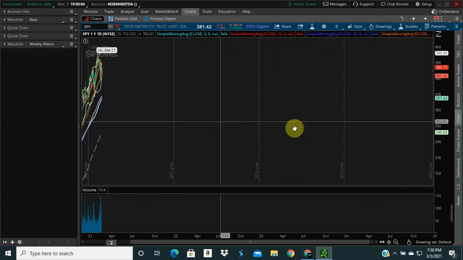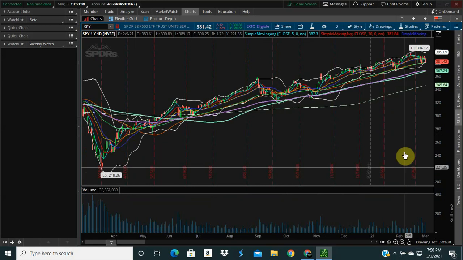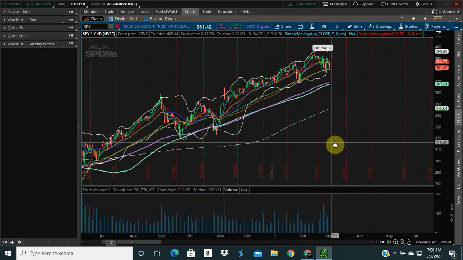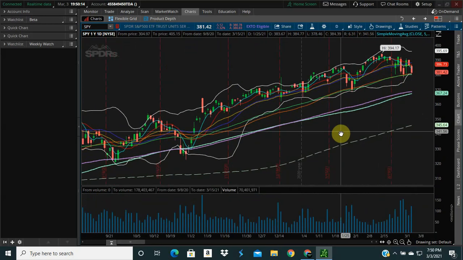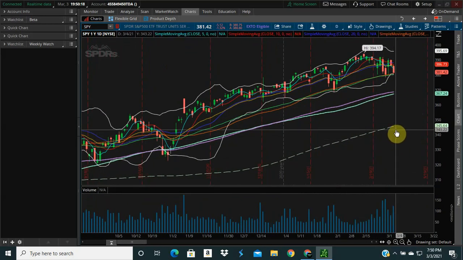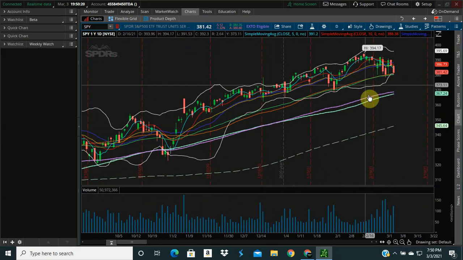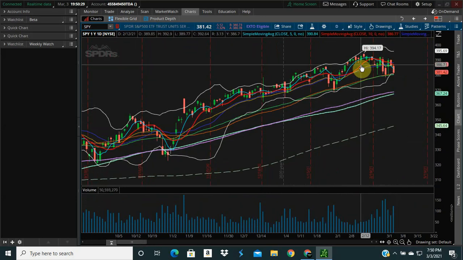From afar it probably looks pretty confusing and jumbled up, but if you get in closer, we're going to explain what this is. All these lines are moving average lines. We start from the 5-day simple moving average and the 10-day simple moving average.